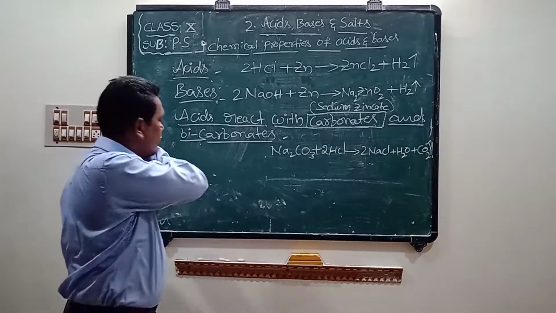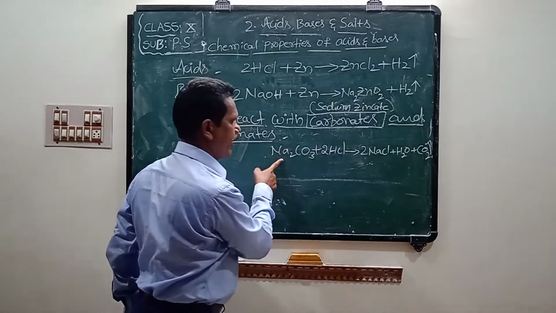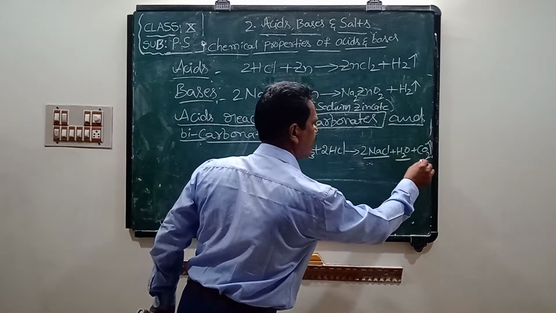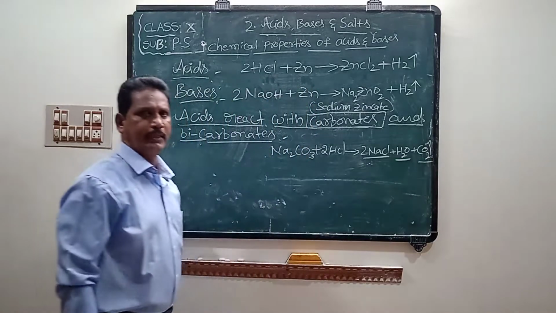When acid reacts with carbonates, it forms sodium chloride, water, and CO2, carbon dioxide gas.